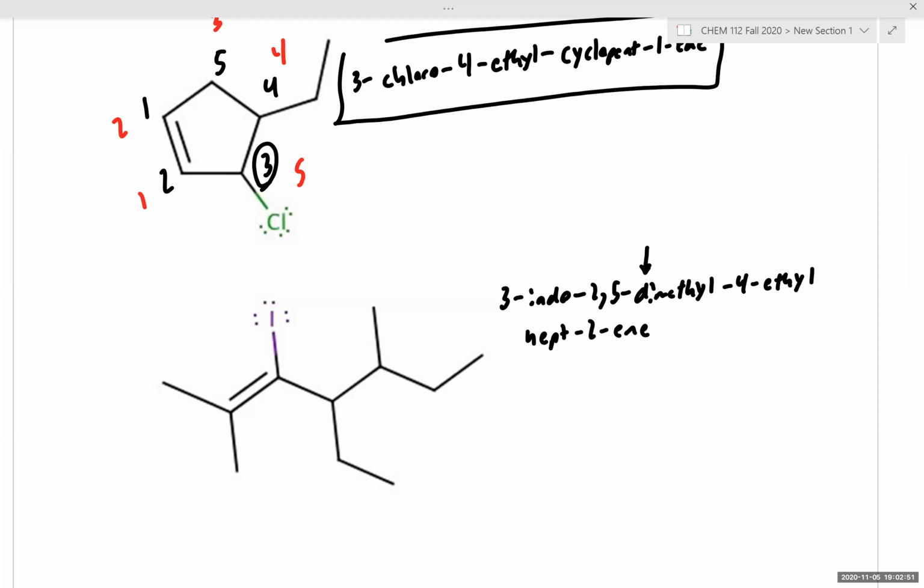So, remembering our rules from the previous chapter, the di, tri, etc. prefixes are ignored. So if we compare methyl to ethyl, ethyl should be first alphabetically. So this would be 3-iodo, 4-ethyl.